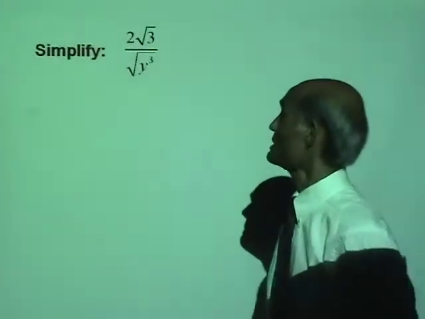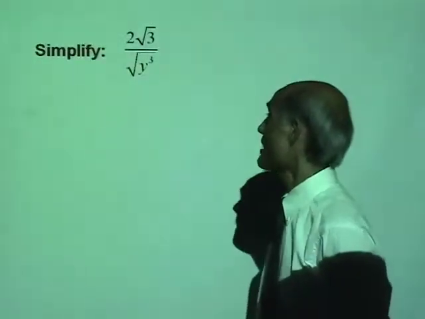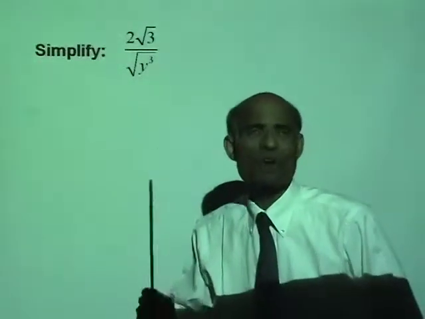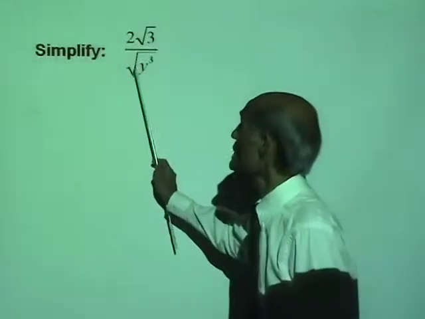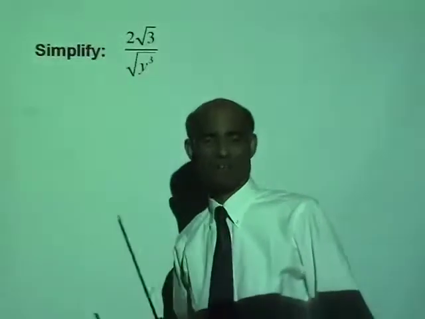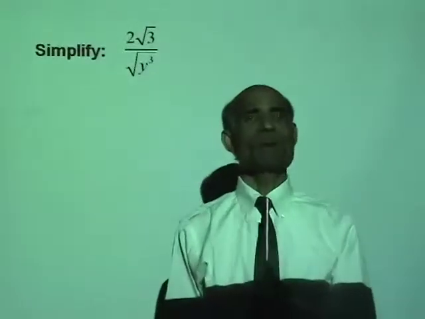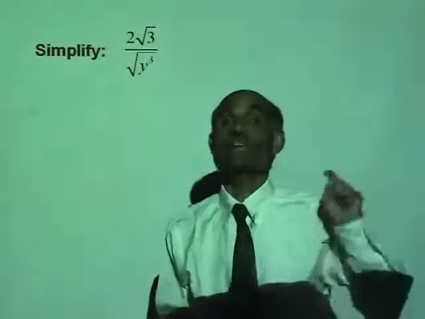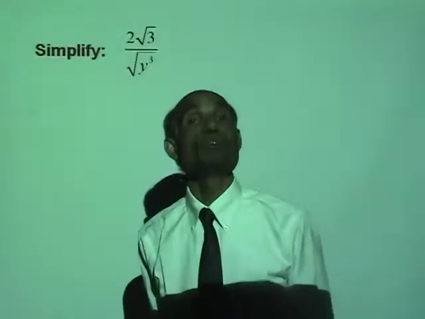Another one. Simplify 2 square root 3 divided by cube root of, I'm sorry, I didn't read it correctly. 2 square root 3 divided by square root of y cube. We have a square root y cube in the denominator. You cannot have a square root in the denominator. What do we do?